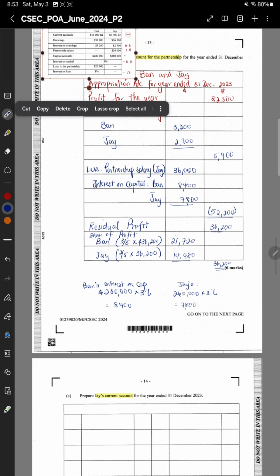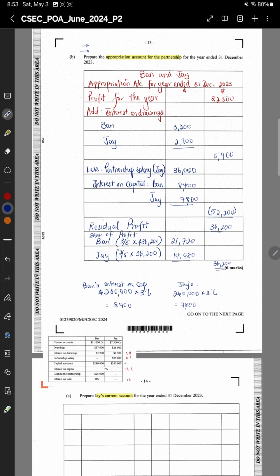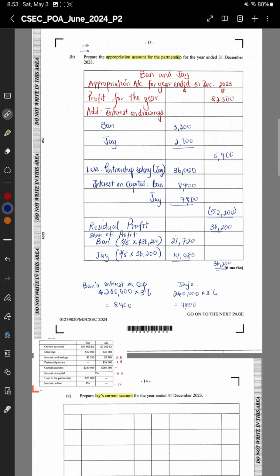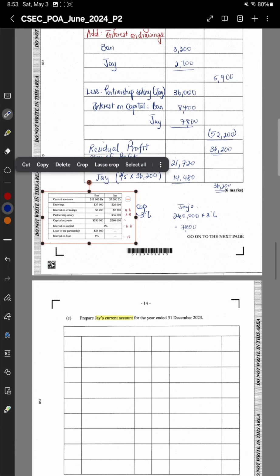Alright, so the next item we have to prepare is J's current account.